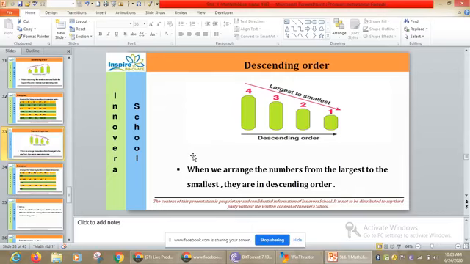Now what is descending order? See here the blocks 4, 3, 2, 1. The numbers from the bigger number to the smaller number are arranged, from 4, 3, 2 and 1. That is from big to small. It is called as descending order, and it is also called as decreasing order.